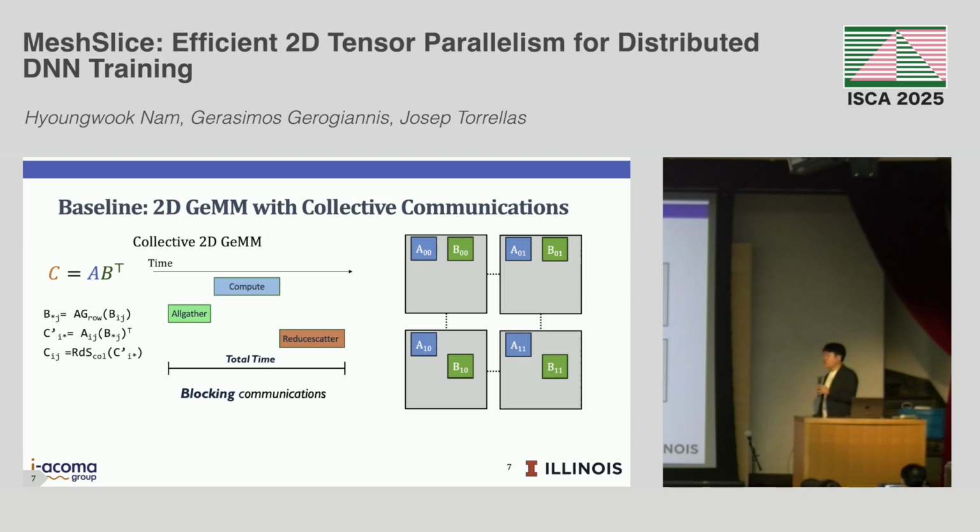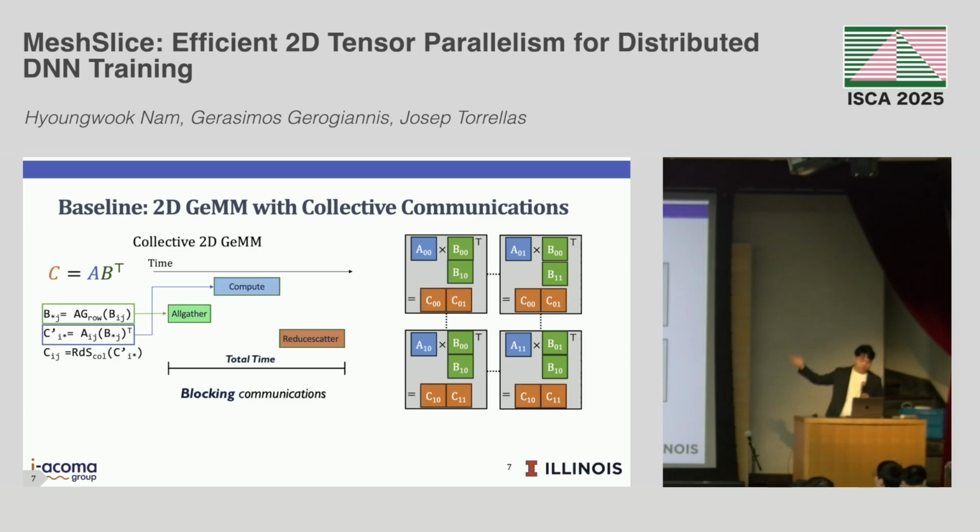Google is already using 2D tensor parallelism using collective communication operations. This is the timeline of such collective 2D GEM, C-AB transpose. Here, A remains stationary, B flows vertically, C flows horizontally. First, we have to vertically all-gather B shards.